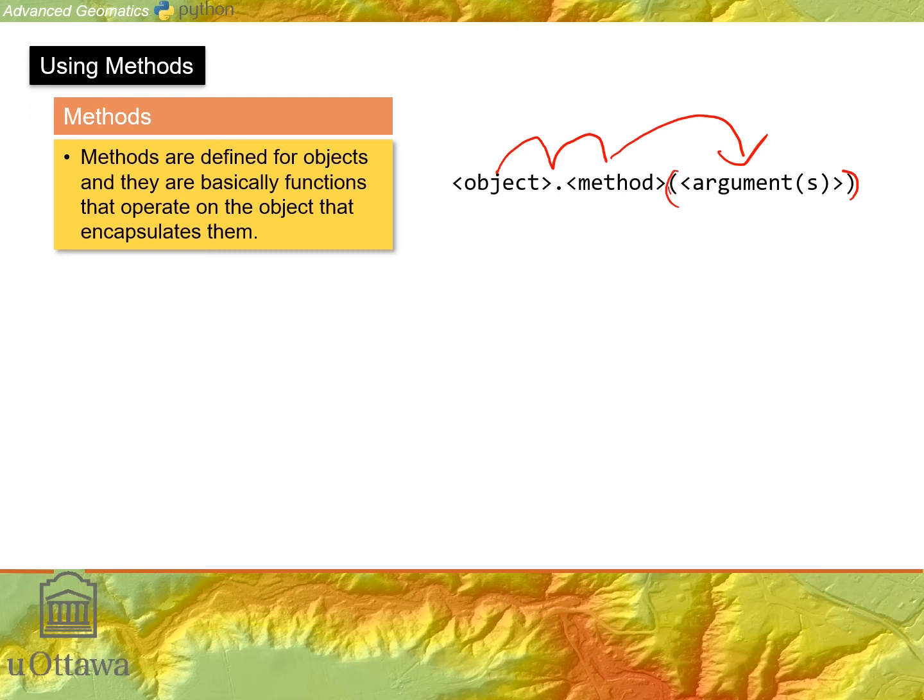Some methods have arguments, some have no arguments, and they're still methods, meaning a function that operates on the object. Properties, on the other hand, have no parentheses. So object.property is also a possibility, and they wouldn't have any parentheses.